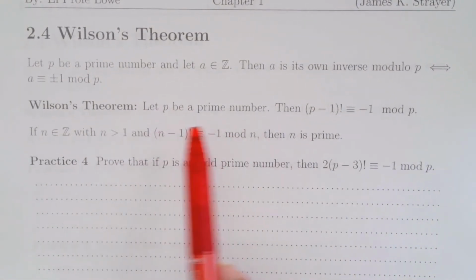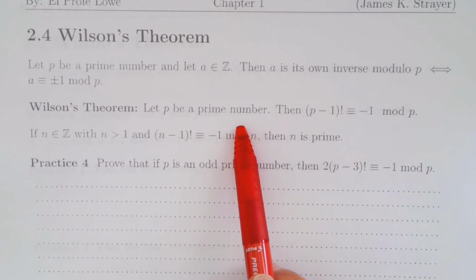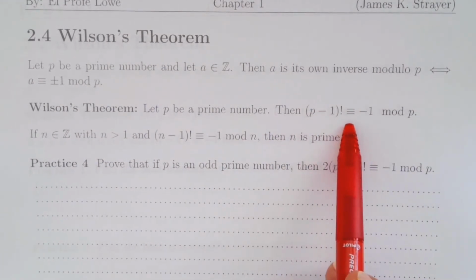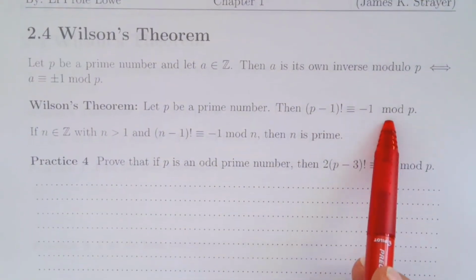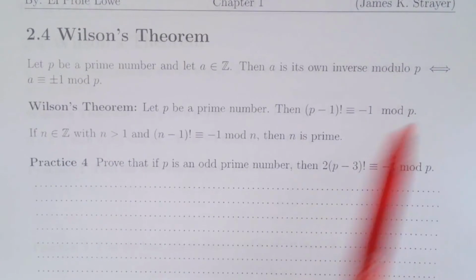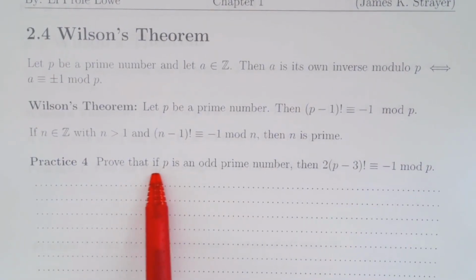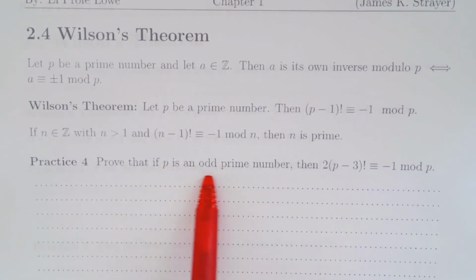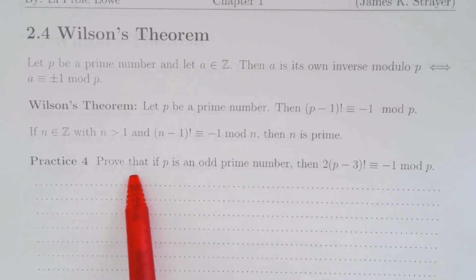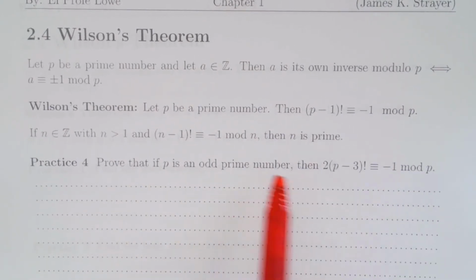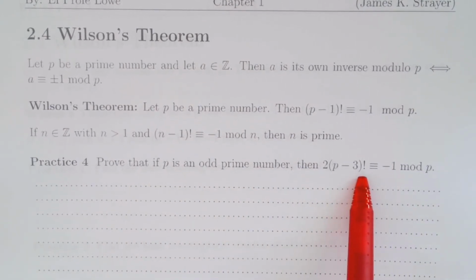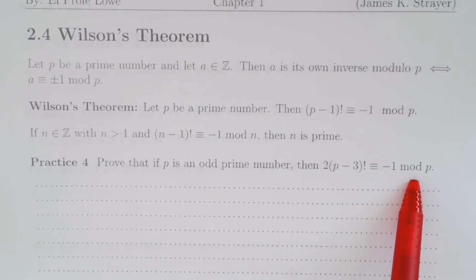We know Wilson's theorem says that if p is a prime number, then (p minus 1) factorial is equivalent to negative 1 mod p. Well, we're going to prove that if p is an odd prime number, then 2 times (p minus 3) factorial is equivalent to negative 1 mod p.